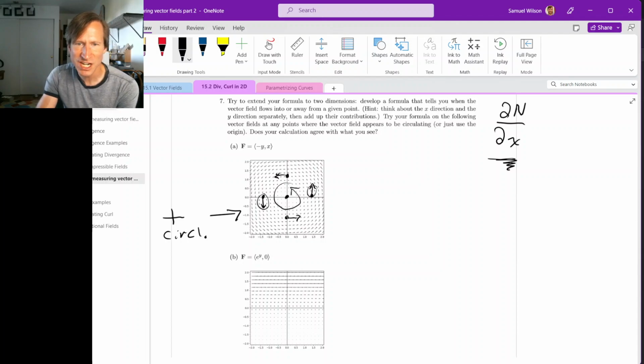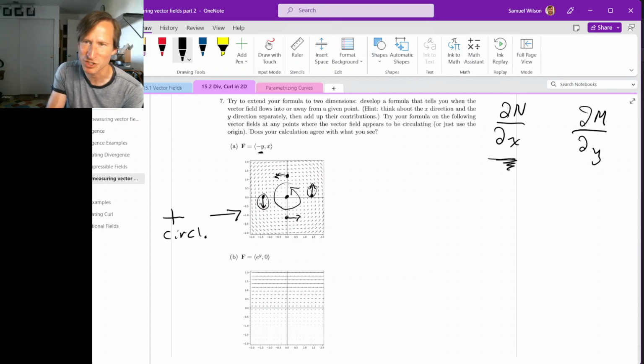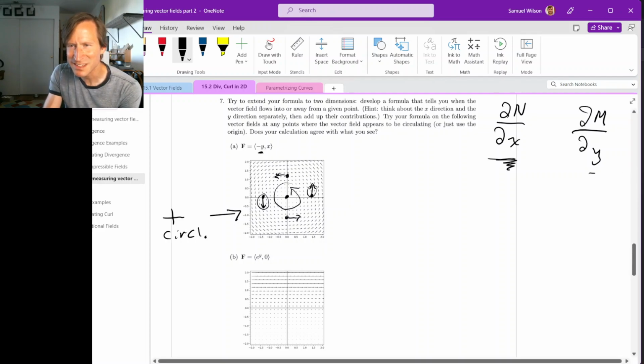This is a change as we move in the y direction, so this is some partial with respect to y. But what's changing? It's the x-coordinate of the vector field that's changing, and it's decreasing. So we need a derivative of our x-coordinate function, but a positive circulation is when this is negative.